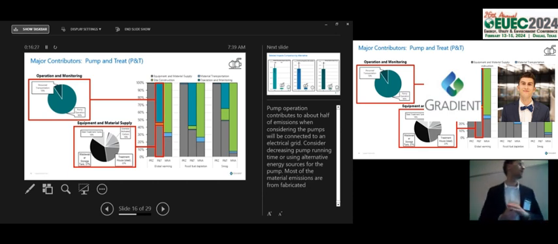Some options to fix this would be to install a renewable energy source to replace the grid, or consider running pumps less frequently or at a lower regime. The other half of this contributor was the production of material needed for the site.